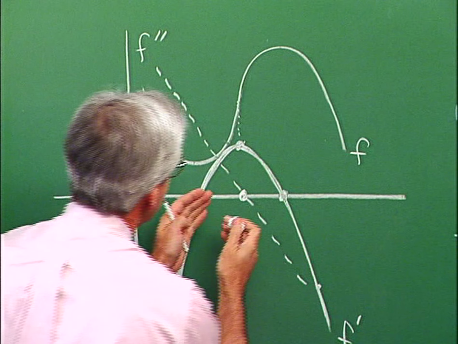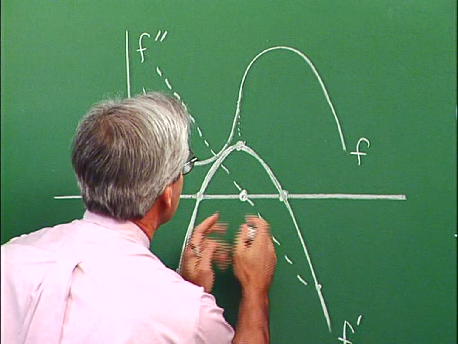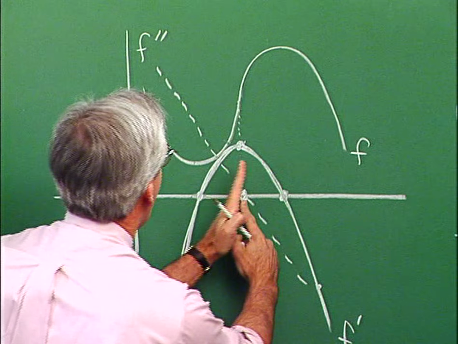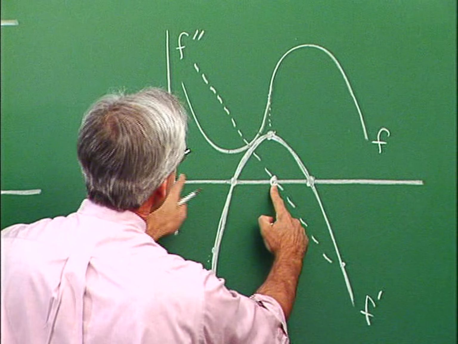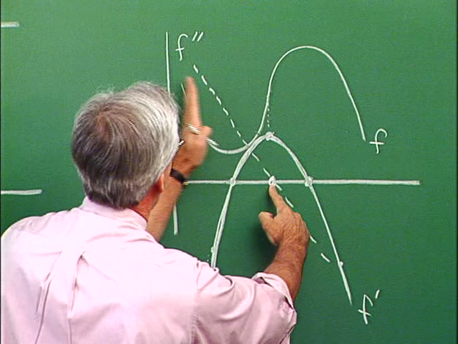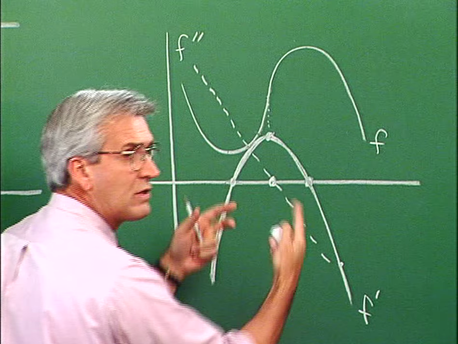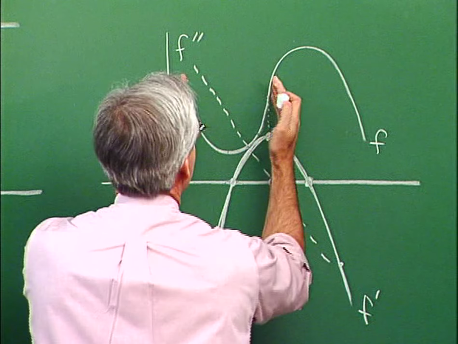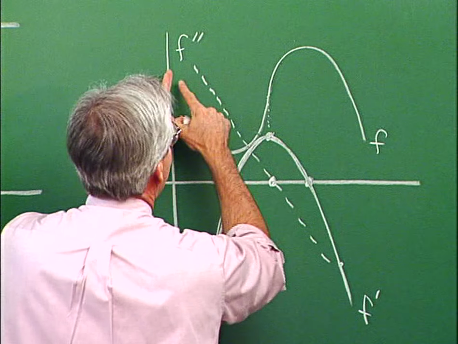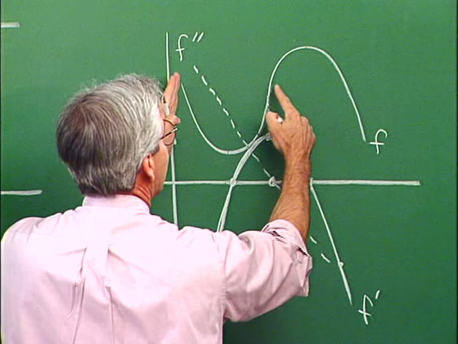notice that on the interval to the left of this 0 of f prime, in the region where f double prime is all positive, notice what's happening in the graph of f: in this interval, f is entirely concave upward.